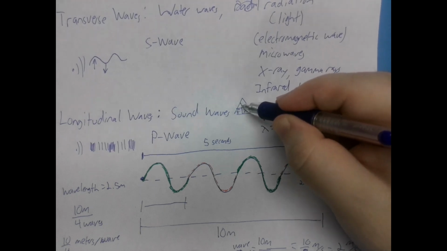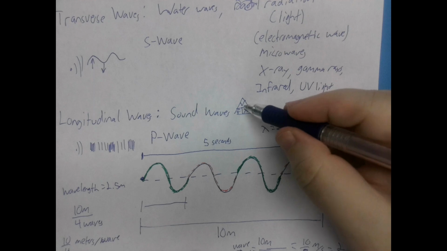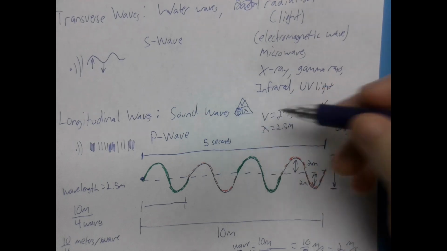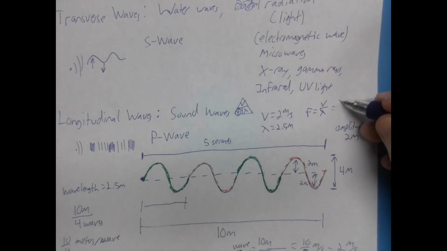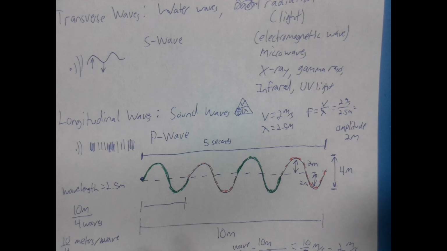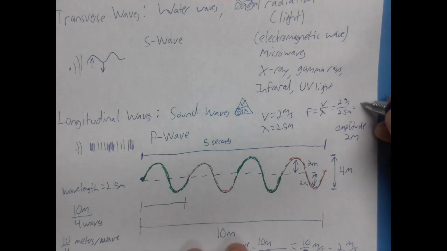Frequency times wavelength is equal to velocity. And solving for frequency is velocity over wavelength. So that would be 2 meters per second divided by 2.5 meters, which would be 2 divided by 2.5, which would be 0.8 hertz.